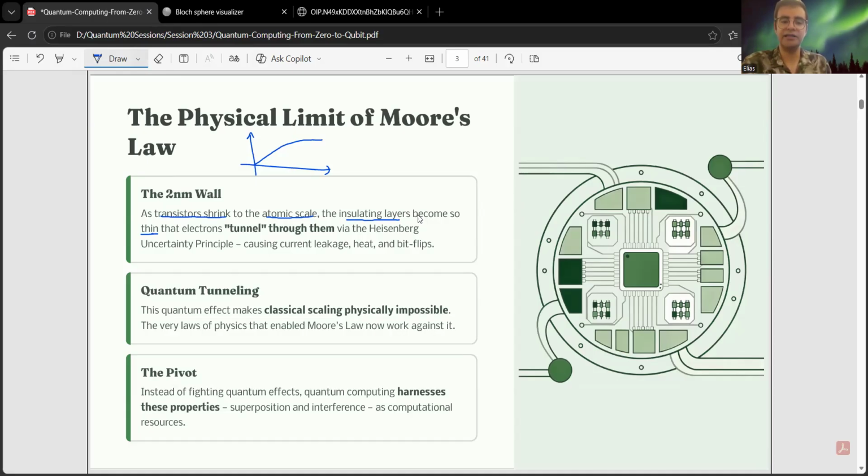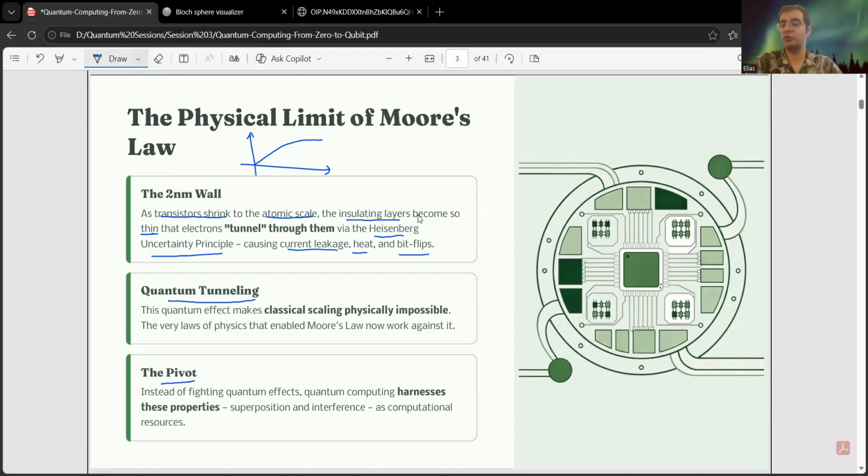And that is through the Heisenberg uncertainty principle. It causes current leakage, it causes heat, it causes even bit flips. So you see a lot of unwanted features appearing. So quantum tunneling actually makes classical scaling physically impossible. And now we have to pivot.